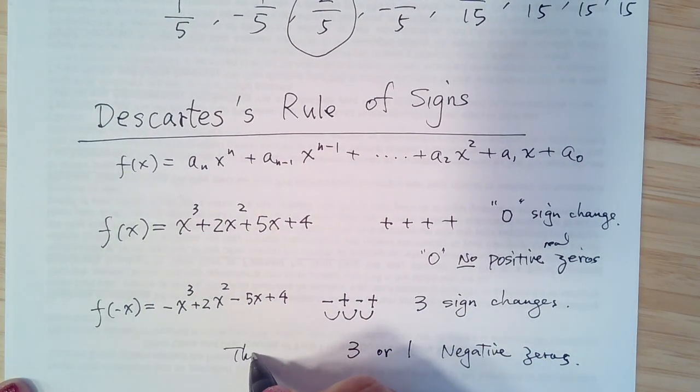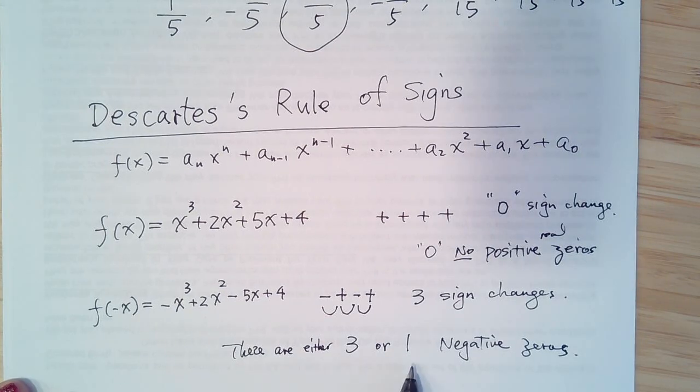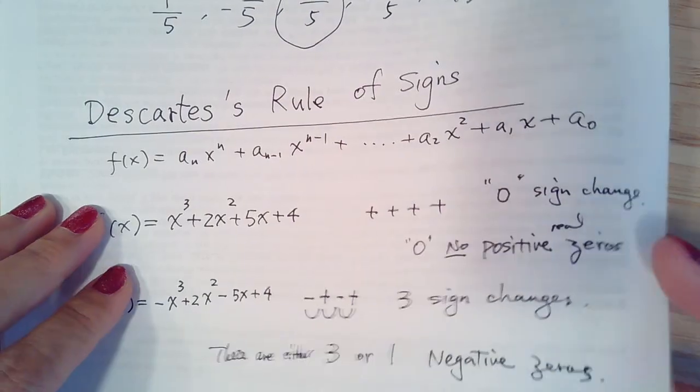There are either 3 or 1. You just drop down to 1, and then you cannot go down by 2 to get negative 1. That's it. So you stop either at 0 or 1. So 3 or 1. Okay, is this complicated? I guess.